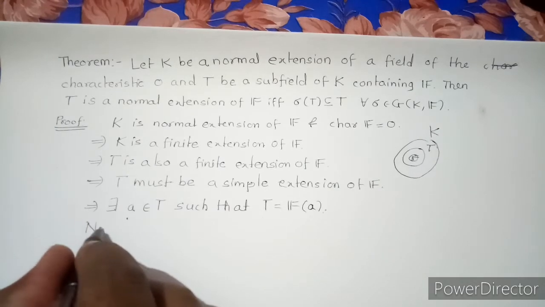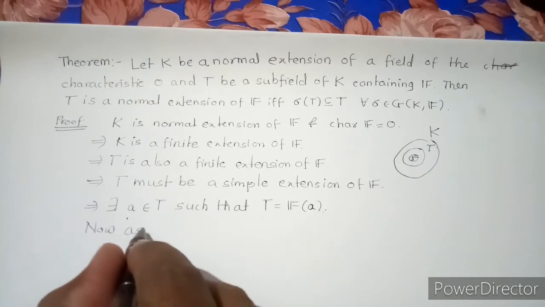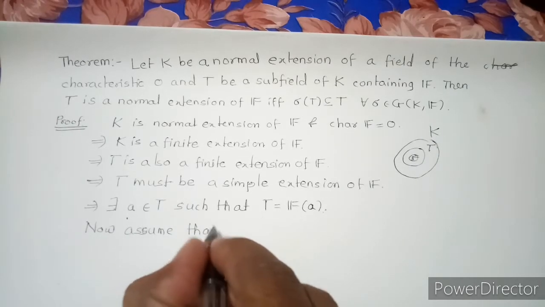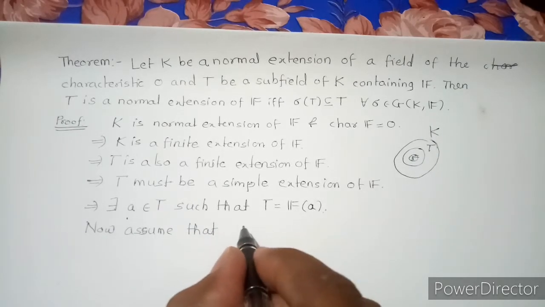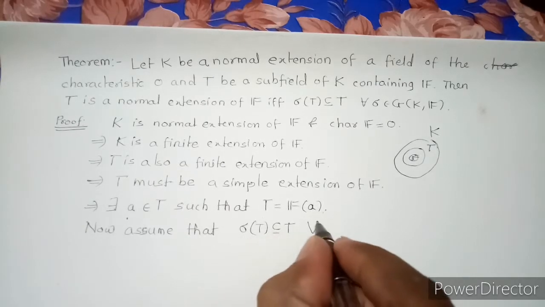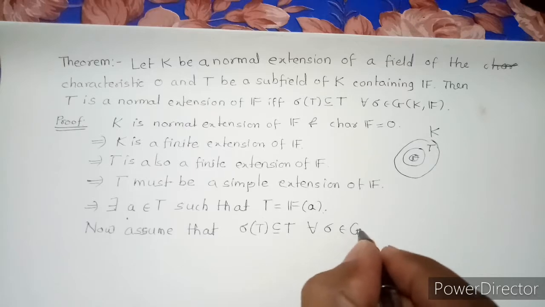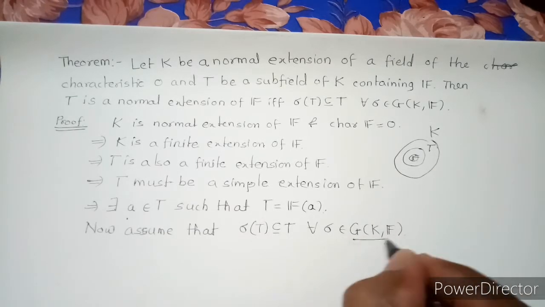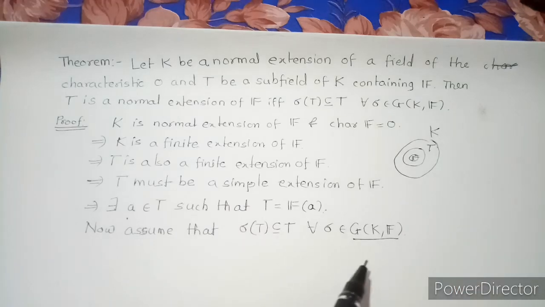Now assume that sigma of T is contained in T for all sigma belonging to GKF, where GKF is the group of all automorphisms defined on K which are leaving elements of F fixed.